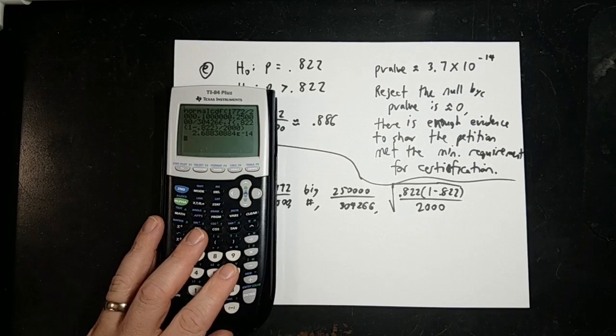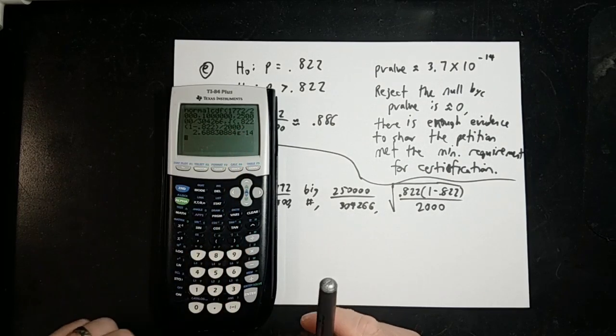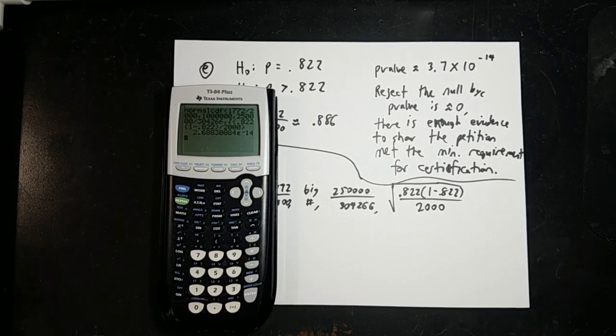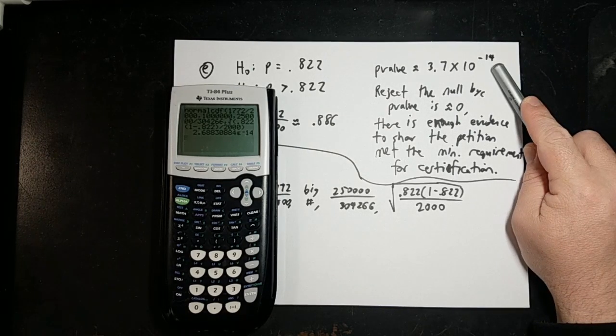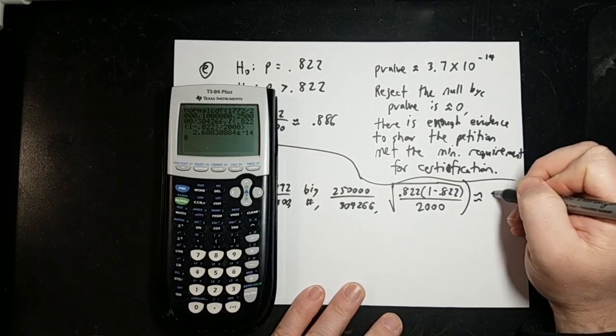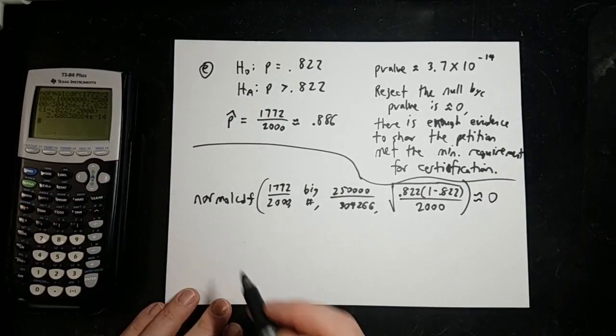The reason why it's a bit rounded is because of that 0.822 number and the 1 minus 0.822. I tried to be as accurate as possible. But I got a number that was, what, 2.7 times 10 to the negative 14th power, which is almost exactly the same magnitude that we have up here. It's approximately 0. You would reach the exact same conclusion.